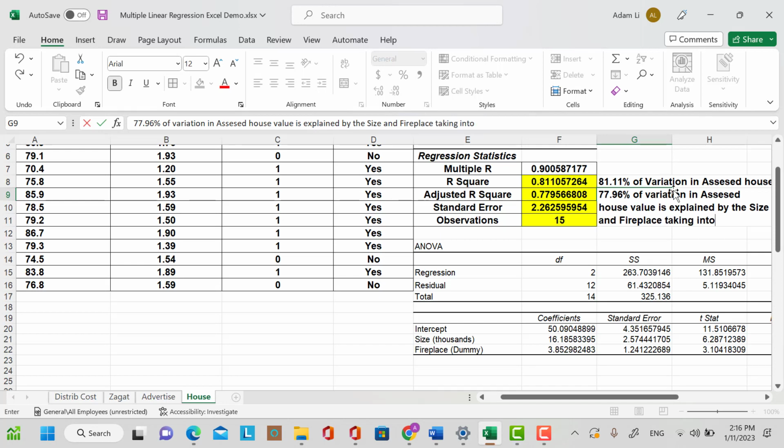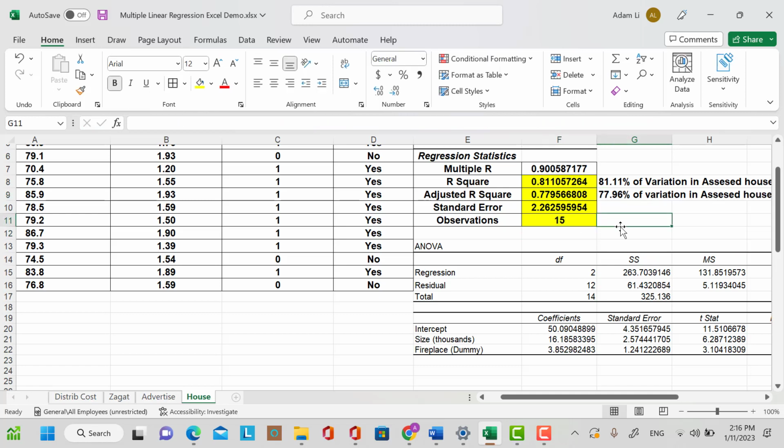And again, we know the sample size is 15.